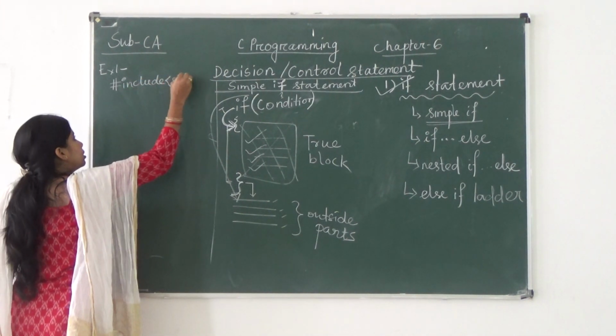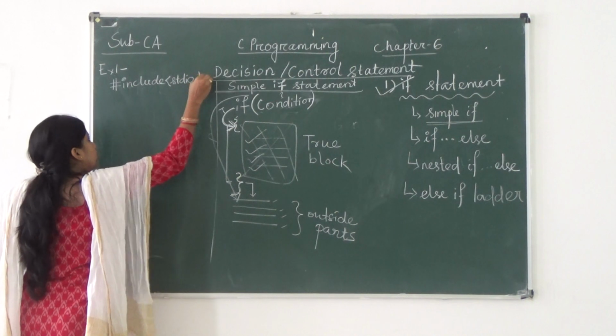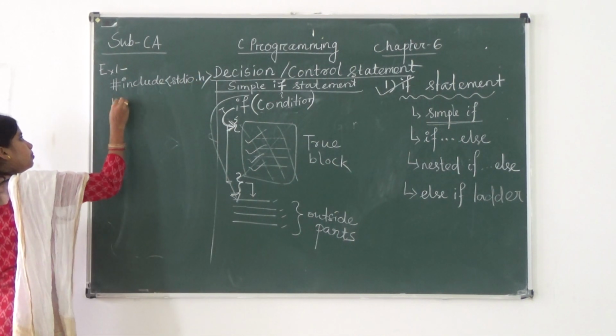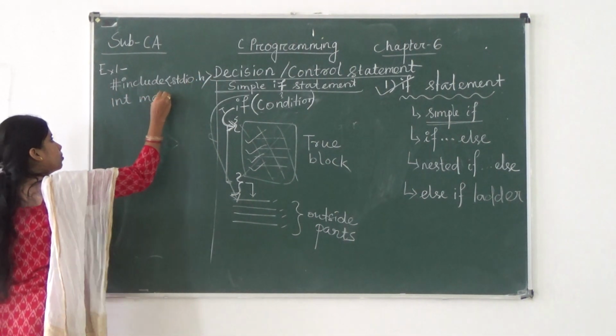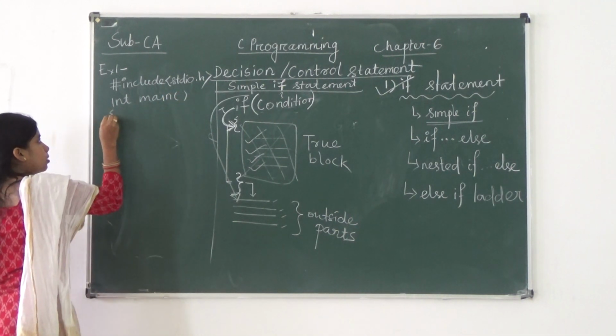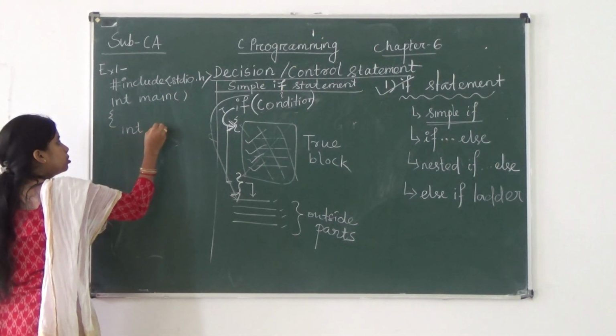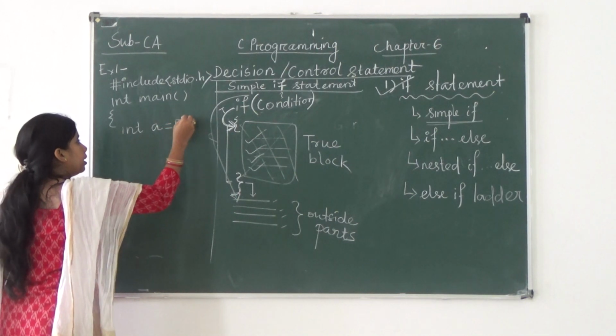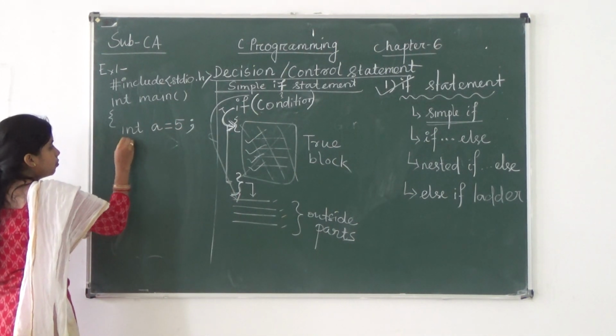I am writing a small C program. Suppose I have a variable a and its value is 5.